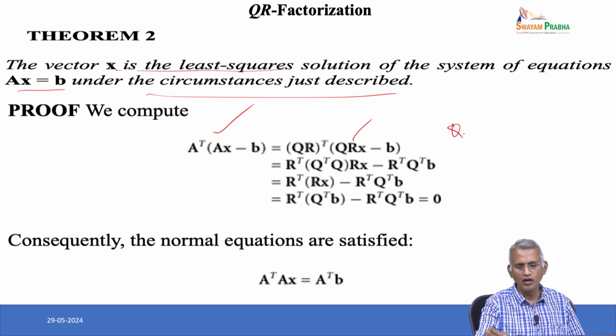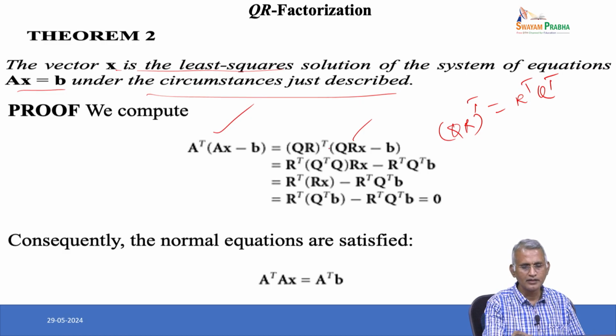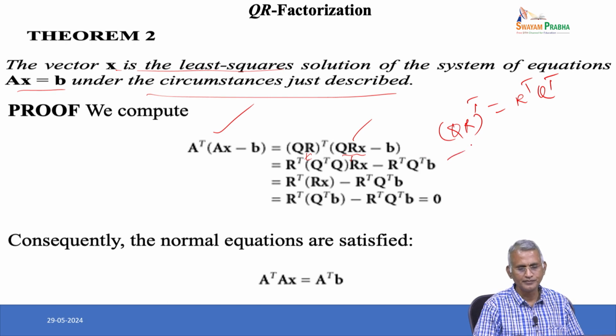You know (QR) whole transpose is R transpose into Q transpose, and then this can be written as R transpose Q transpose QRx minus R transpose Q transpose b, because this is multiplied with b.